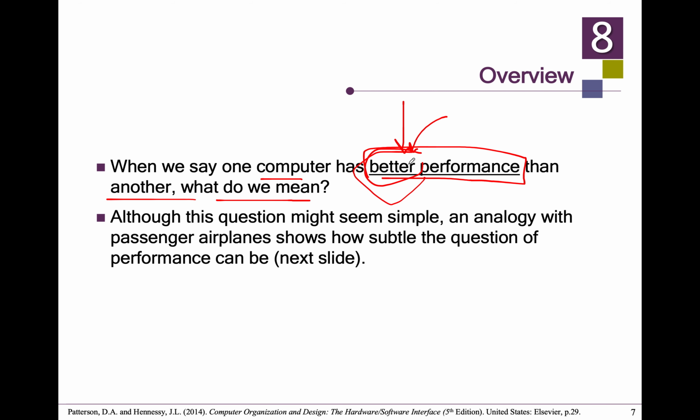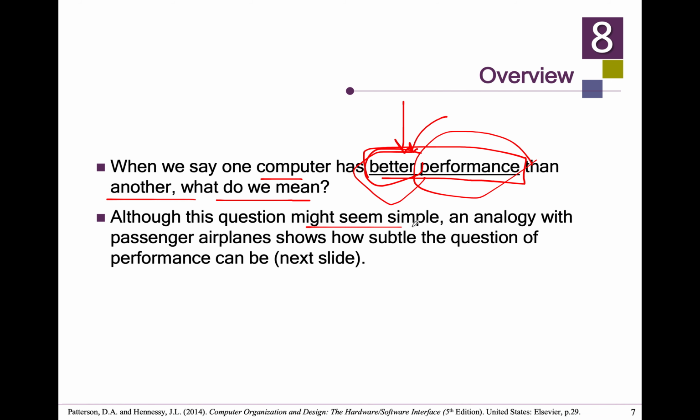You cannot say, okay, I think the HP computer is much better than the Asus computer. Just saying better is too loose. Your justification is too loose, so you need to find something to prove in terms of performance.